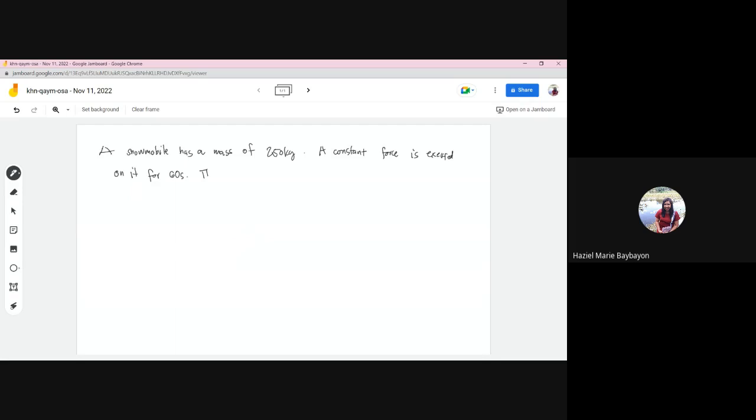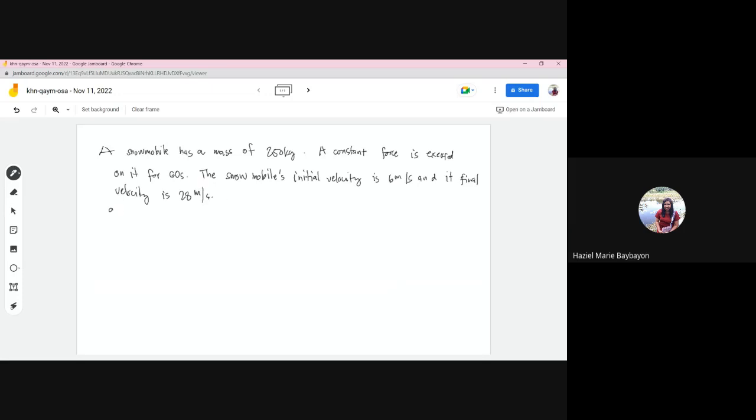Okay. So the snowmobile initial velocity is 6 meters per second and its final velocity is 28 meters per second.